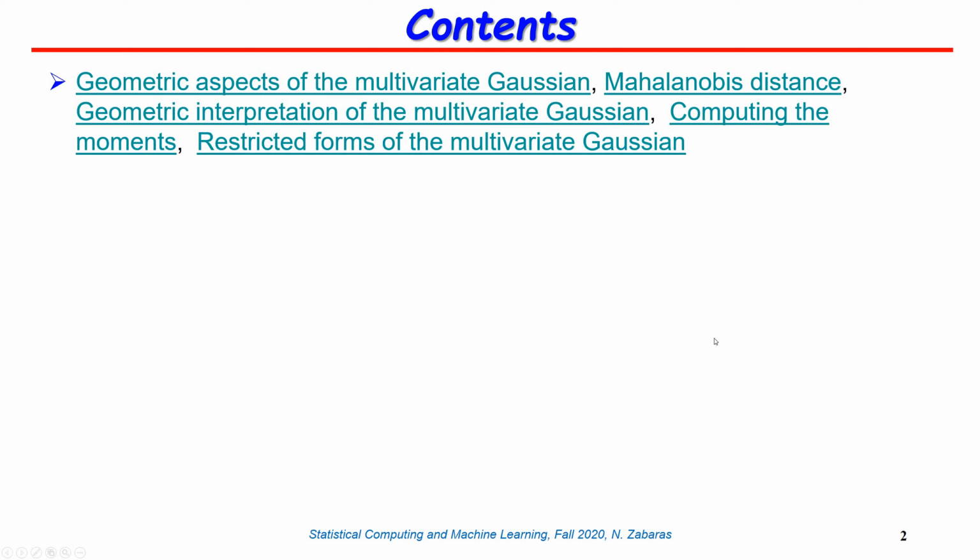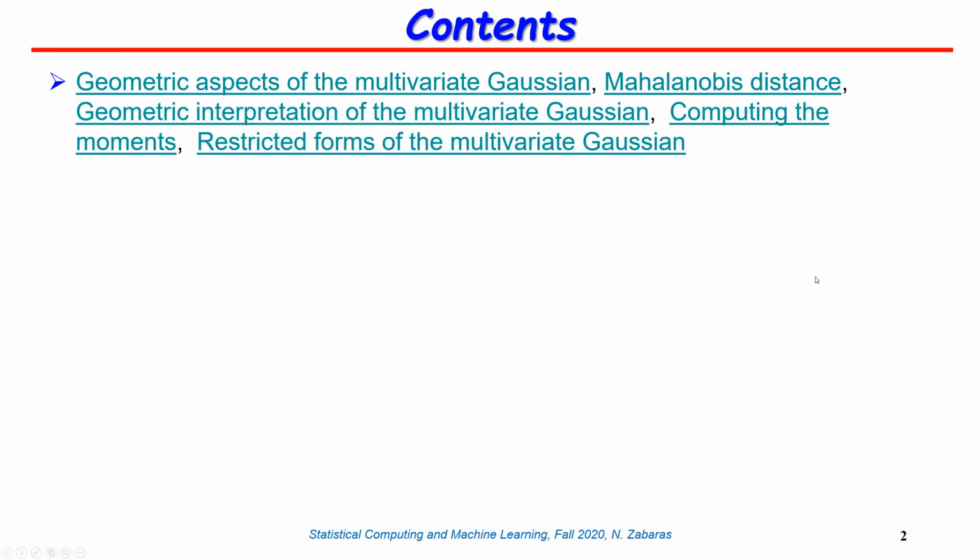We will see a few basic things about some geometric aspects of the multivariate Gaussian, all of them based on an eigen expansion of the covariance of the multivariate Gaussian. We will formally see again the Mahalanobis distance. We will see some plots of equal probability contours for at least the two-dimensional multivariate Gaussian.